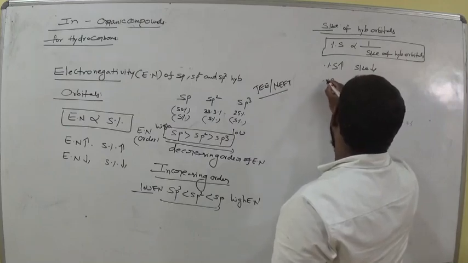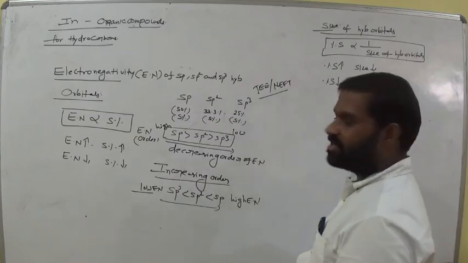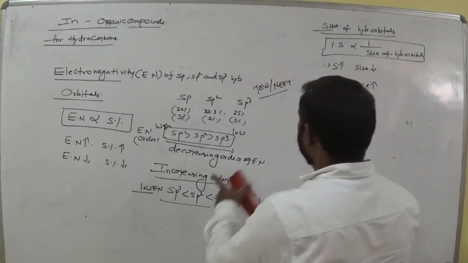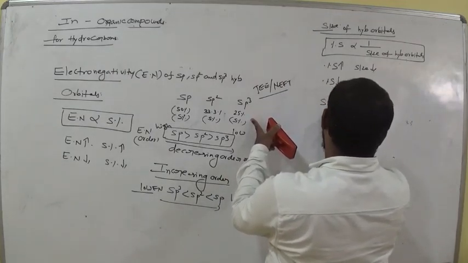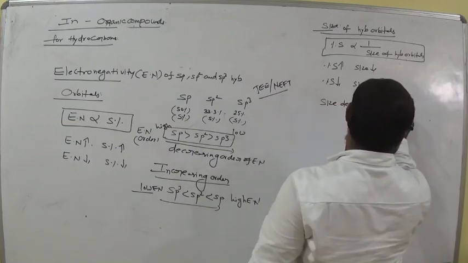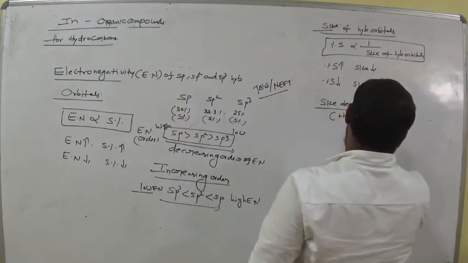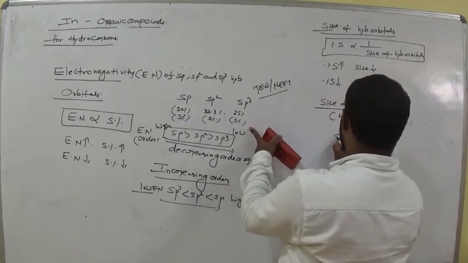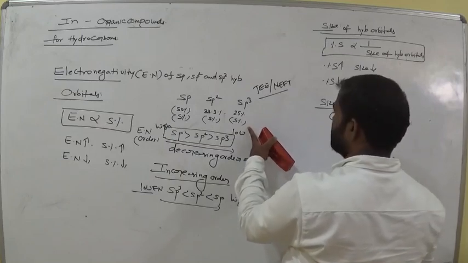As s percentage decreases, size increases. Okay, clear? Now which one has bigger size, where s percentage decreases? Size in decreasing order, that means high to low. So where s percentage is less: sp3, sp2, and the least one is sp.